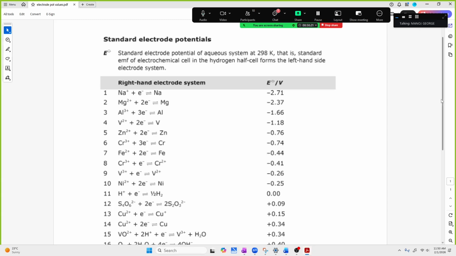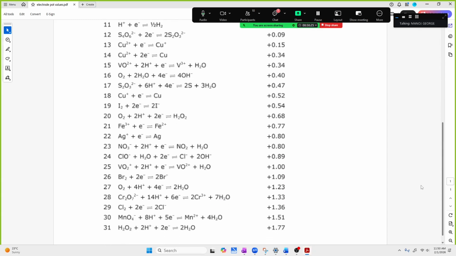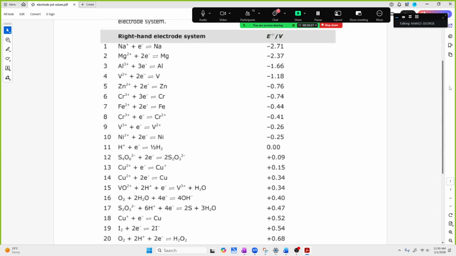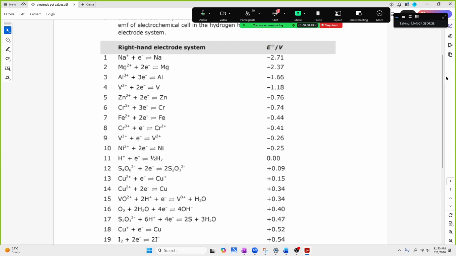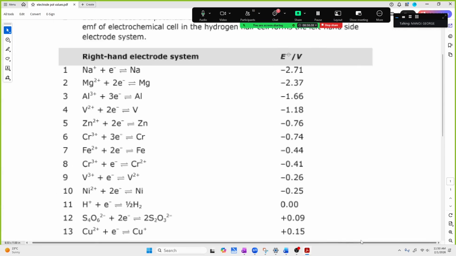Now, if I look at this page, is there an equation of zinc? Is there any equation where zinc is there and Zn 2 plus is there? Can you tell me what value you see?